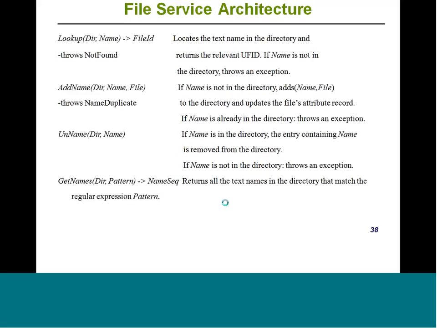If it is not there in the directory, then it throws an exception. And finally GetNames(directory, pattern) gets the text names in the directory that match the regular expression pattern. We will learn about regular expressions in the future modules, in one of the programming modules, and the result is assigned to the names sequence.